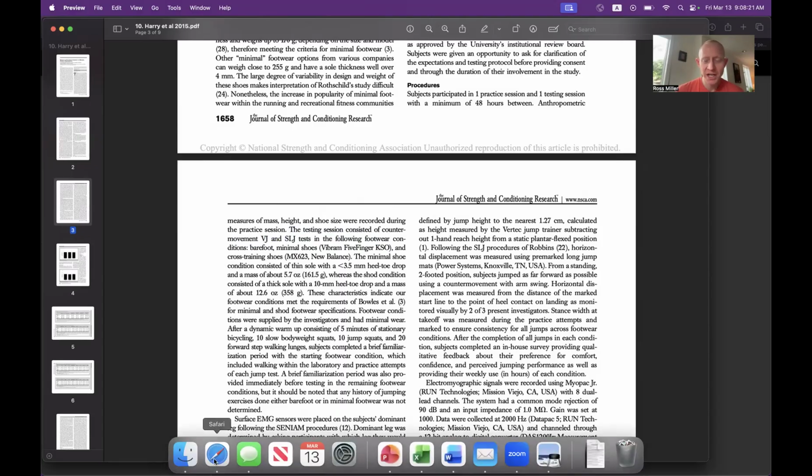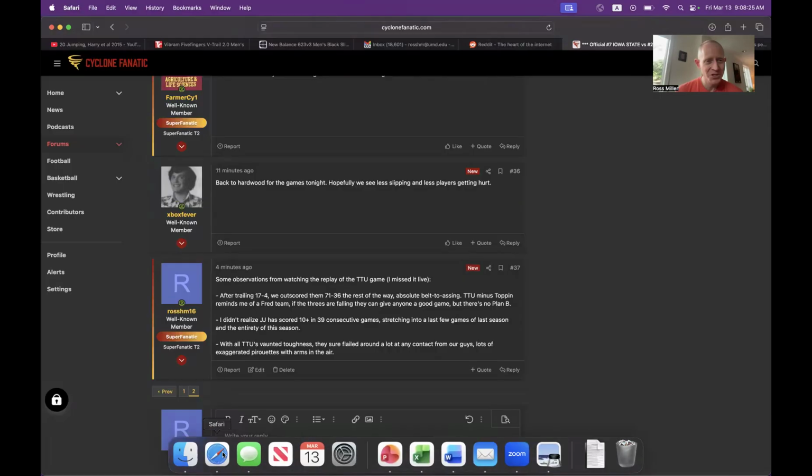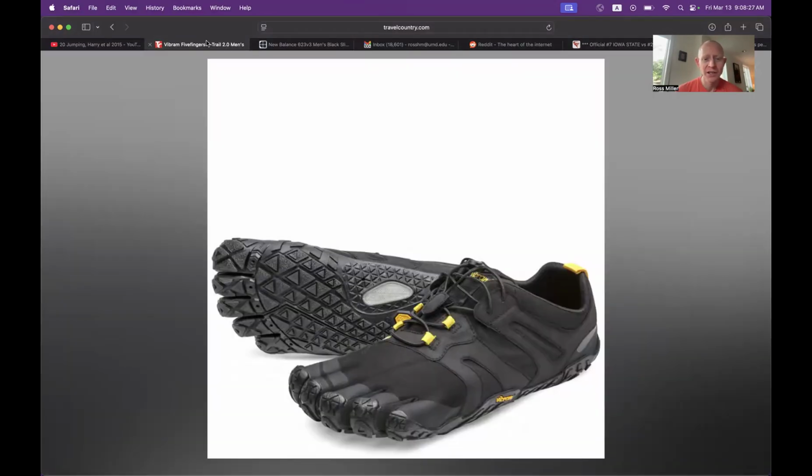They are very much a minimal shoe. They are probably the quintessential minimal shoe. Here's what that shoe looks like here. So a Vibram Five Fingers shoe. It's basically just a covering for your foot that's extremely light and extremely thin and gives you some traction on the bottom and doesn't do a whole lot else. It's intended to be kind of a barefoot shoe.